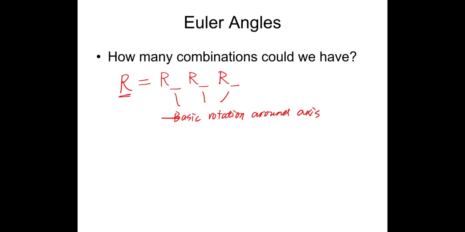If we want to achieve a final rotation matrix, we can always use 3 steps of rotation. That is the composition of rotation. We can always use 3 steps to achieve any arbitrary rotation R.